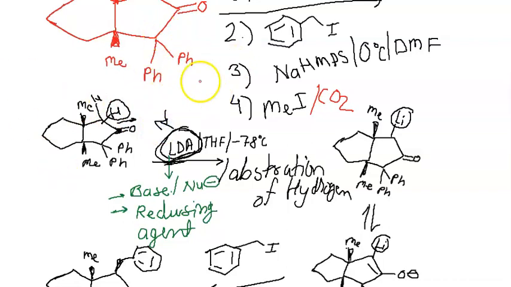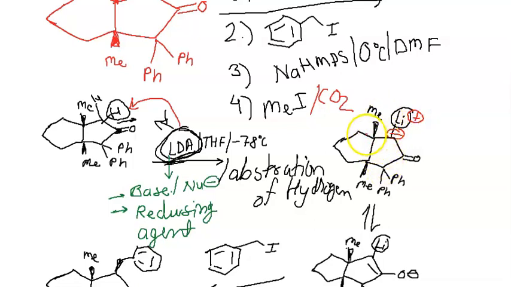Now LDA abstracts the hydrogen and generates a nucleophilic site at this position, with a minus charge, and Li has a positive charge.